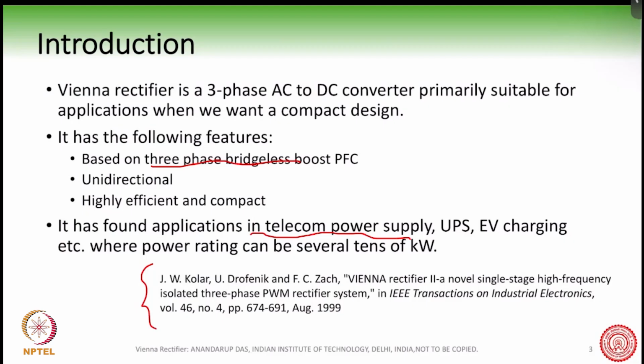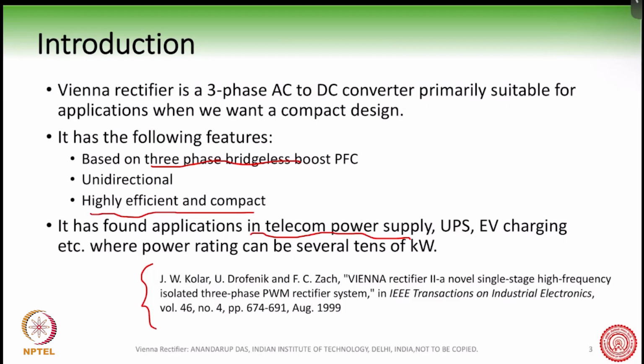I mean, commercially it is available from several manufacturers, and the reason why it has been very popular is it is very efficient and compact. In many cases we have seen that Vienna rectifiers, at least at the academic scale, have been reported at several tens of kilowatt, with an efficiency of more than 98% with silicon carbide switches.